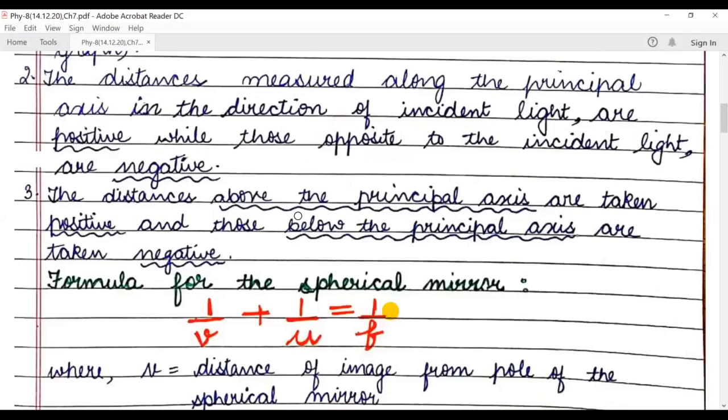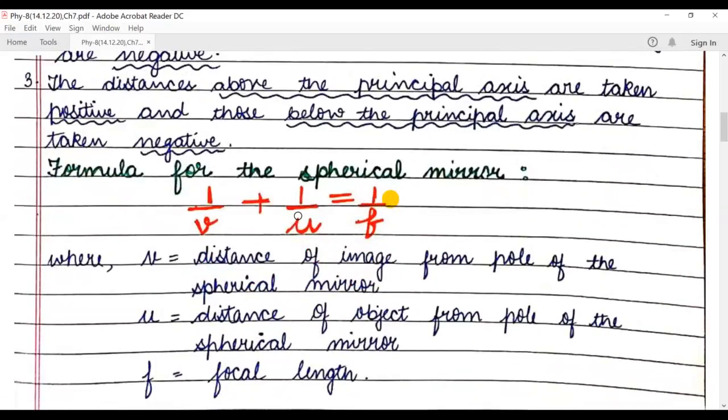Now coming to point 3, the distances above the principal axis are taken positive and those below the principal axis are taken negative.